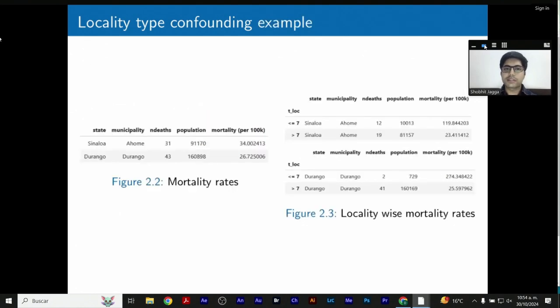I will explain this confound by an example of two municipalities in Mexico, Ahome in Sinaloa state and Durango. We can see in the left figure that the crude mortality rate of Ahome is higher than Durango. But when we divide the municipality by locality types less than or equal to 7 and greater than 7, we see that Ahome now has lower mortality in both the location types.